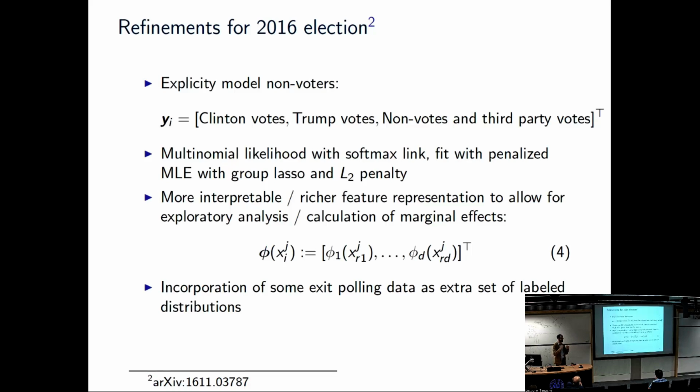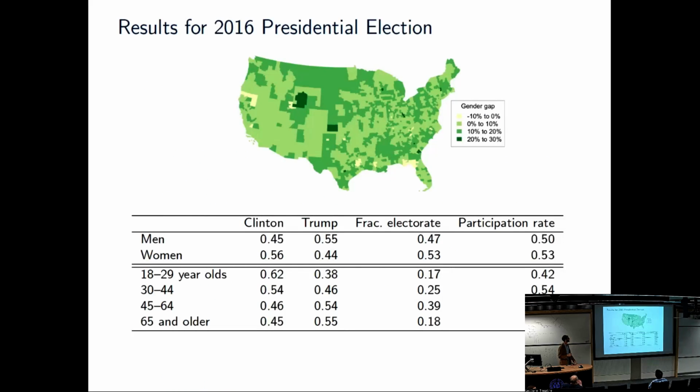Remember, everything else is at these regional levels, district levels, but then we have a few extra bags that are labeled. So sets of observations, meaning the state set of observations, and the labels from the exit polls. I have gone back and tried not using that, and it helps, because there are so many parameters here to fit, it helps stabilize things. That's what I'll say. Okay, so what are some results?